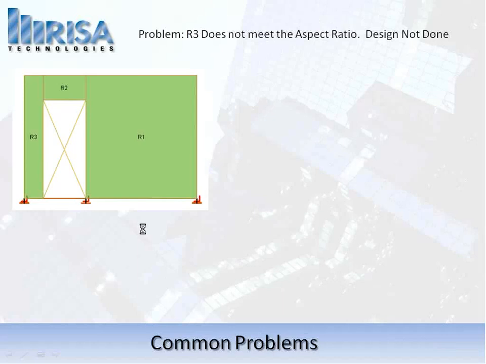Another common problem that people run into is aspect ratio. You look at this wall here and you say, hey, I want to do a segmented design, and you run the wall and it gives you aspect ratio not met, can't do design. And that doesn't seem fair because it's very thin there. How do we get that to work?